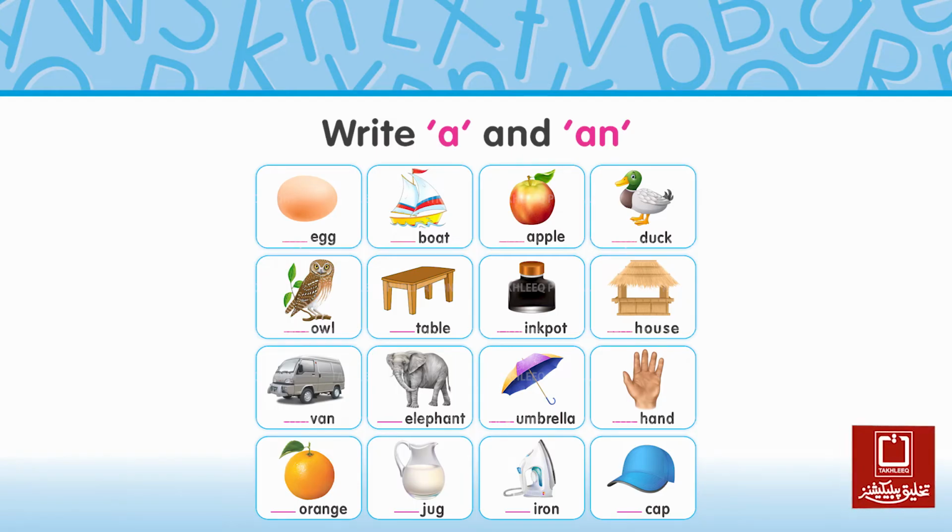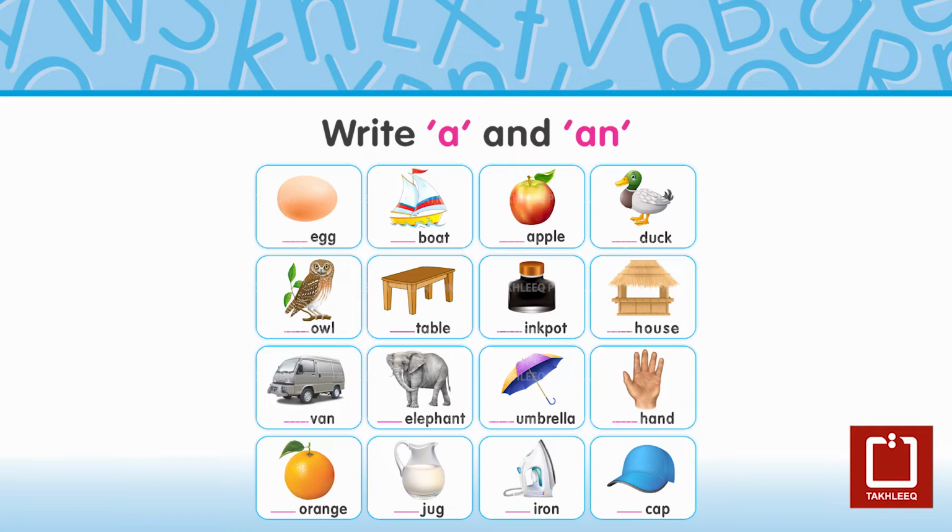Write A and N. A और N लिखिए. Dear children, प्यारे बच्चों, now we identify the words which start with vowels. अब हम हरूफ-ए इल्लत से शुरू होने वाले अल्फाज पहचानते हैं.